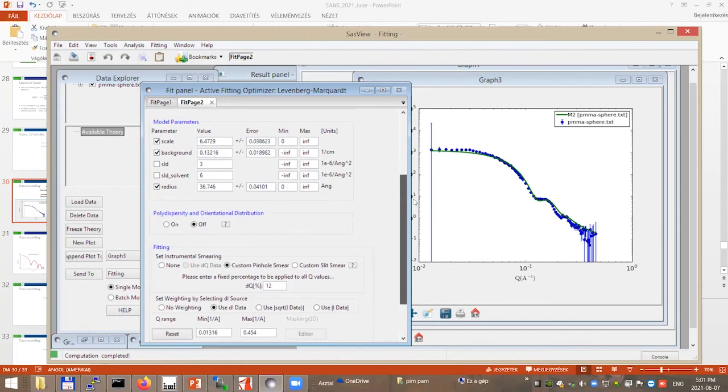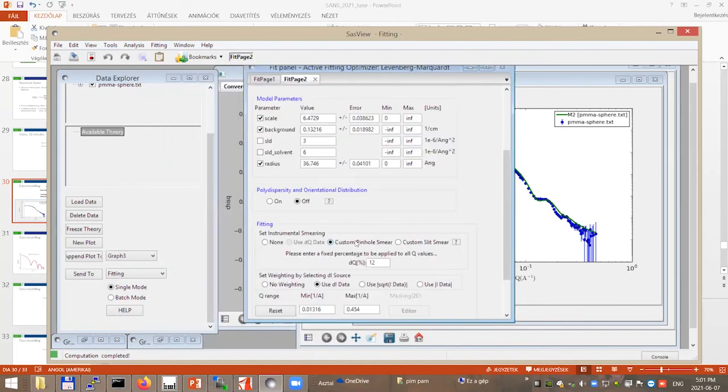And we can introduce one more thing, the polydispersity of the spheres. Because as we said, the polydispersity is never absolutely perfect.